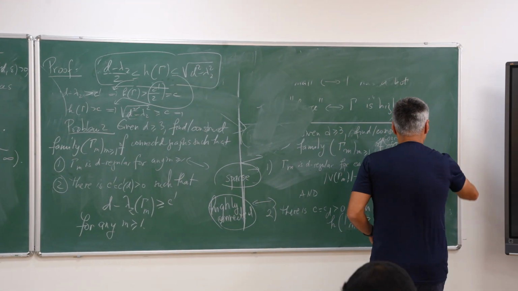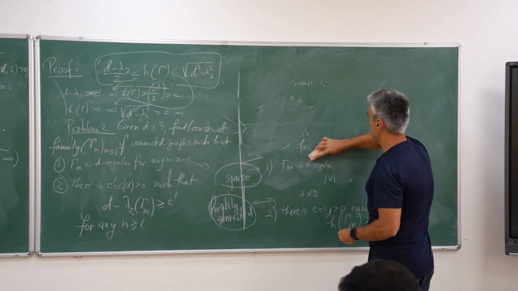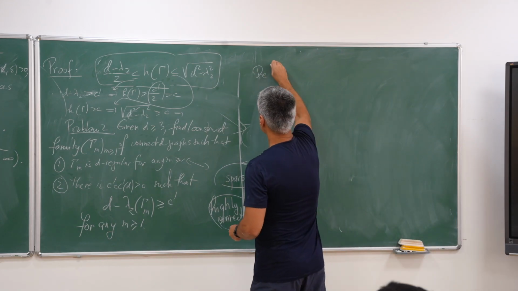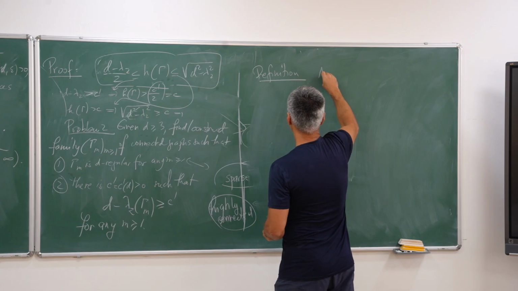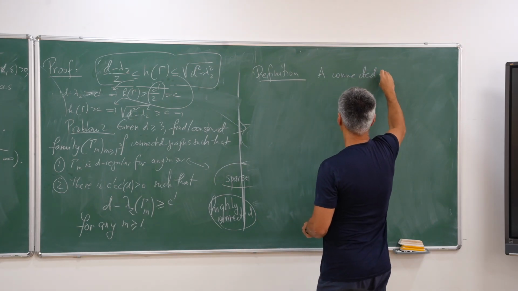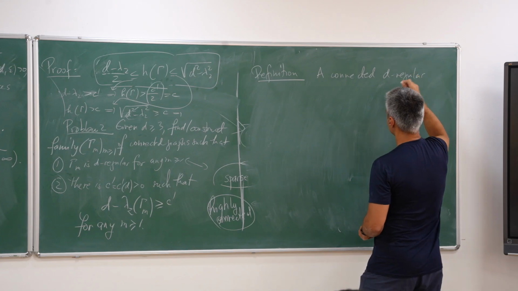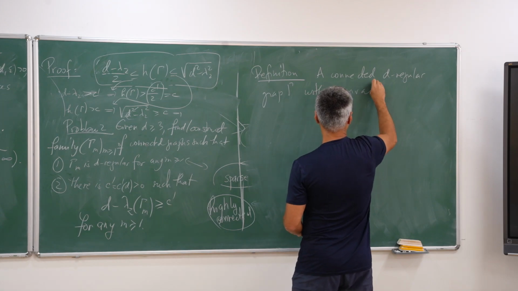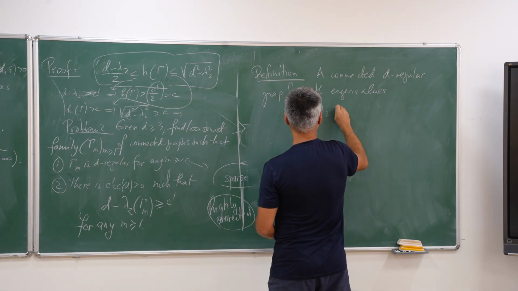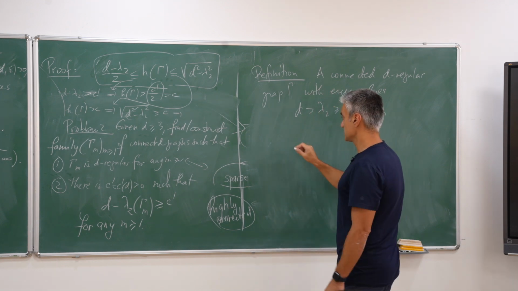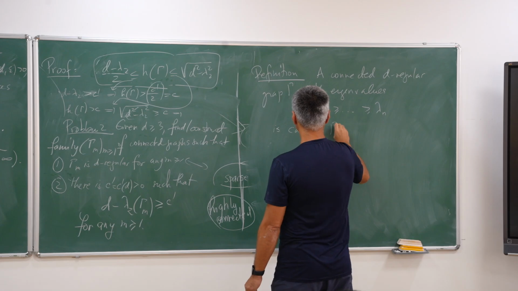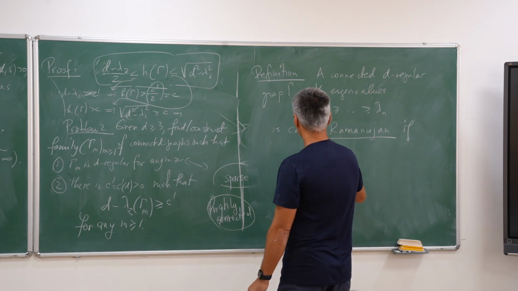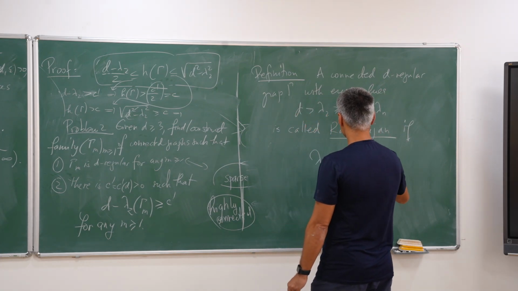Well, here's what happens. This is something I think all of you should know about. Definition: a connected d-regular graph gamma with eigenvalues d bigger than lambda 2 bigger or equal to ... lambda n is called Ramanujan if lambda 2 is less than or equal to 2 square root of d minus 1.